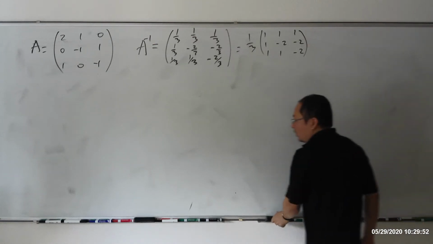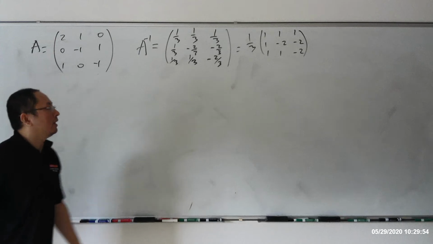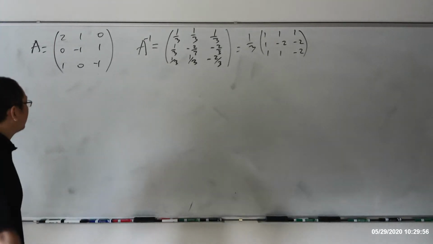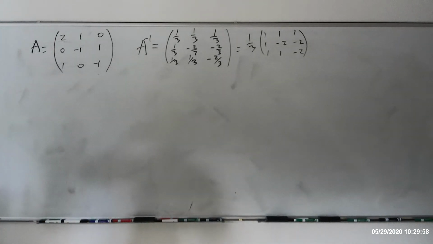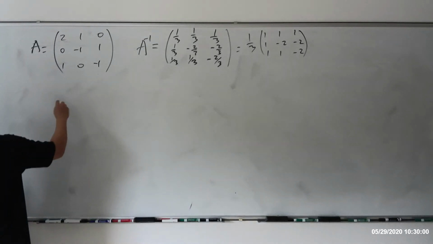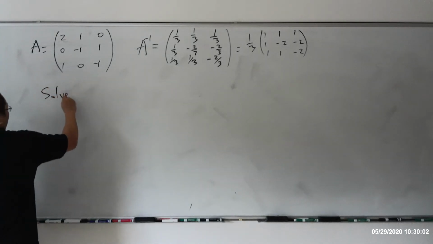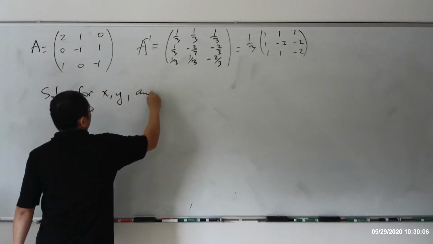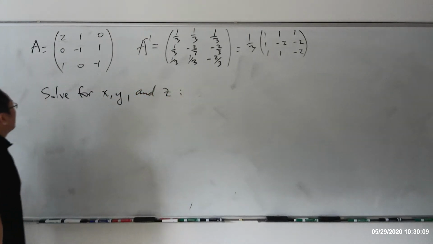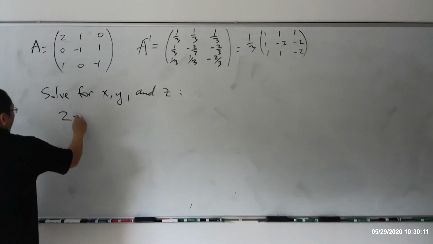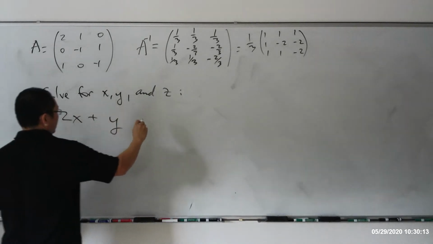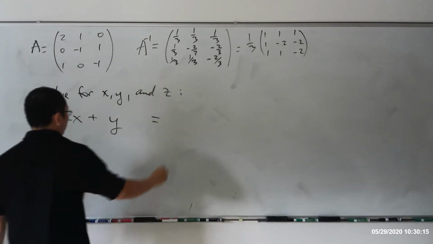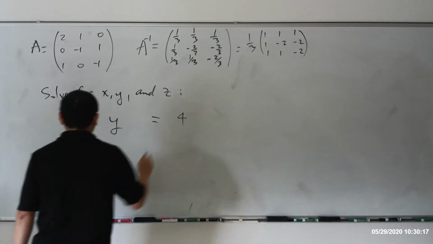Next, I'm going to show you another way of solving for system of linear equation using the inverse matrix. Okay, so let's have an example. You have a system. Solve for x, y, and z. Okay, if I give you this, 2x plus y equal to 4.